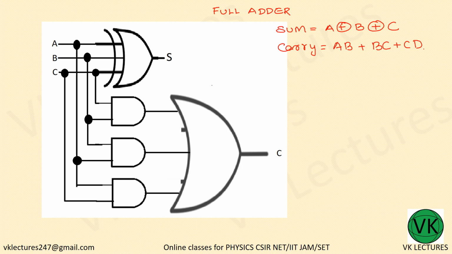So here we have A, B, C, and all of them are going to the XOR gate here.